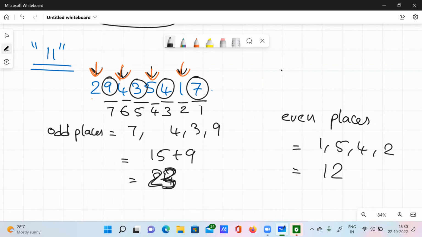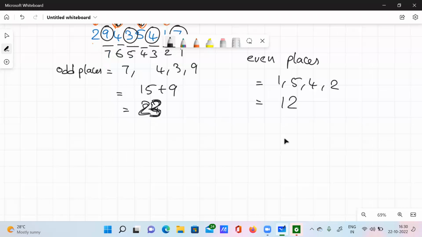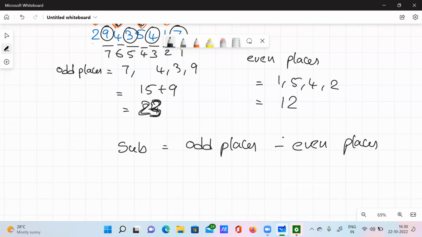So if you subtract, what happens? Subtract: odd places minus even places. 23 minus 12. How much? 3 minus 2 is 1, 2 minus 1 is 1, so 11.